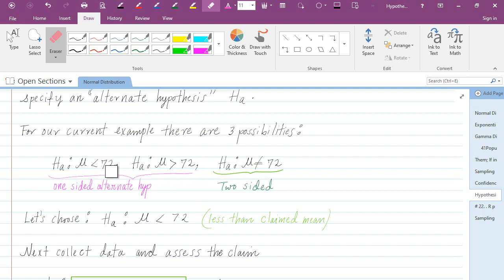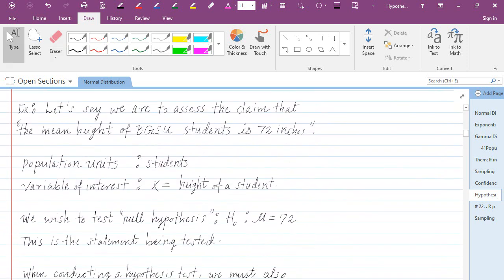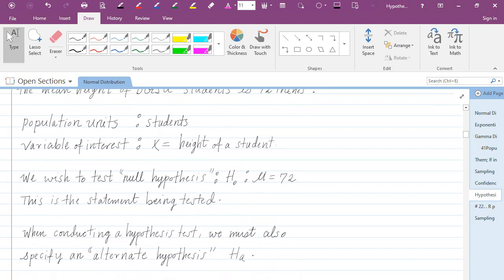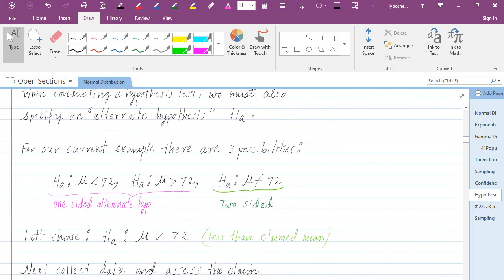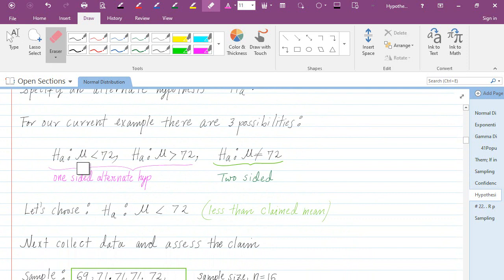So let's say that somebody is claiming that over the last 10-20 years, the mean height of BGSU students has increased, let's say from 5.7 feet to 6 feet. So 20 years ago it was 5.7 feet, and today it's 6 feet. If that's the claim, then the appropriate alternative hypothesis should be that the mean height hasn't increased so much.